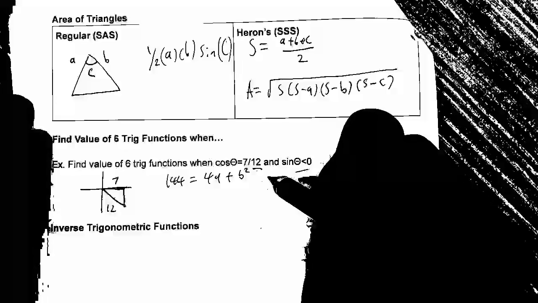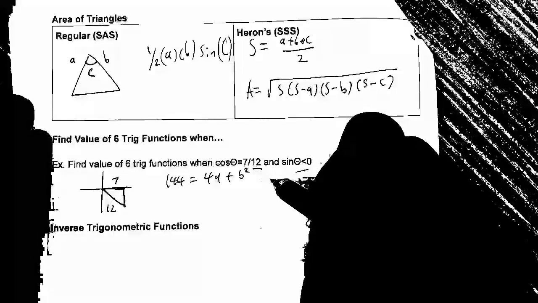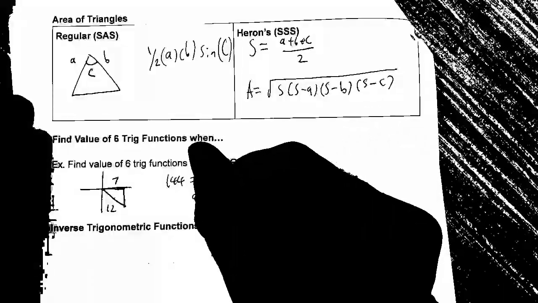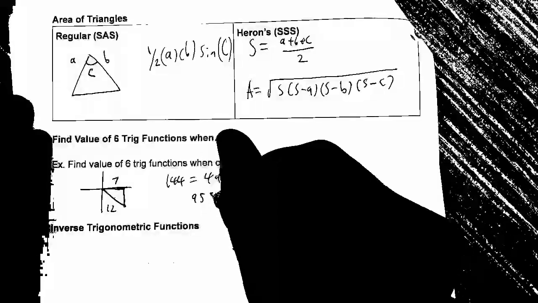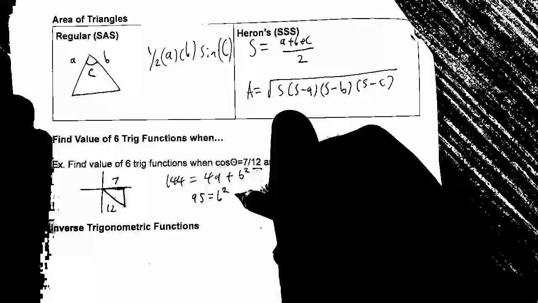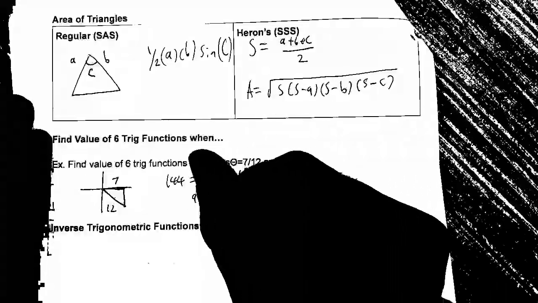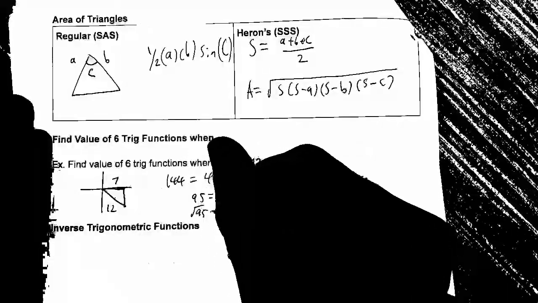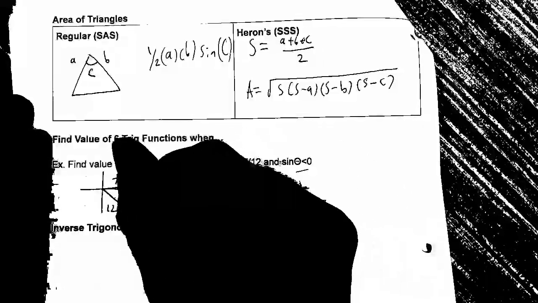What does that come out to? Is that 95 equals b squared? Is that right? 95, yep. So b must be root 95. Okay, so this is root 95.